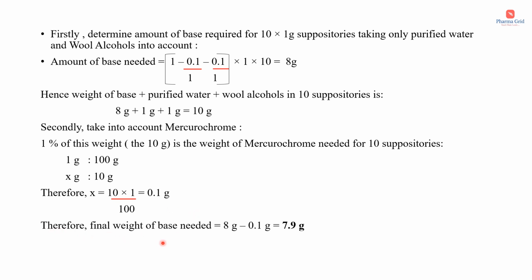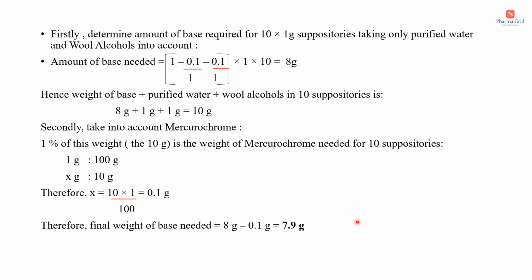So how do we calculate the weight of the base? The amount of base needed, calculated using the displacement value method, is 8 gram. Here 8 gram minus 0.1 gram, where 0.1 gram is the weight of the mercurochrome needed, is equal to 7.9 gram.